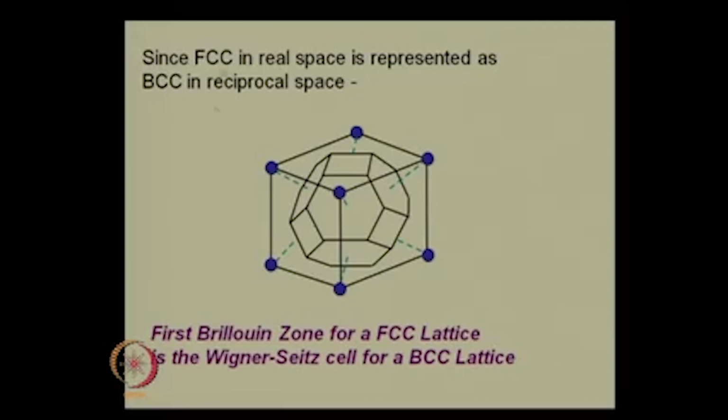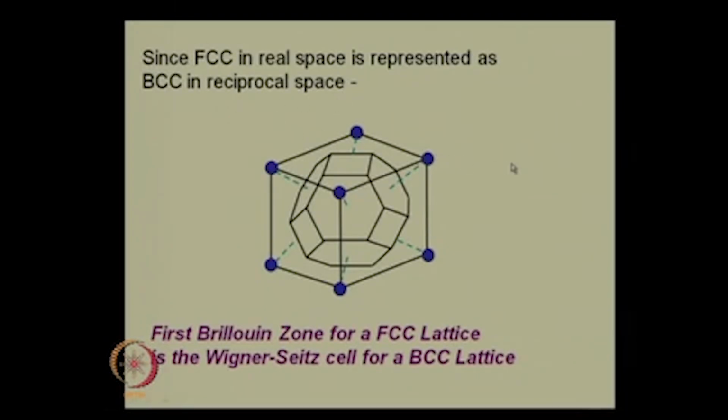Whatever happens to be your real lattice, in some way, shape and form, it is going to be represented in reciprocal space as a reciprocal lattice, and what you get there as the Brillouin zone is then linked to the real space material, stated simply as: that real space lattice has the following Brillouin zone. So FCC becomes BCC, and therefore the BCC's Wigner-Seitz cell is the FCC's Brillouin zone. That is what we are depicting here.